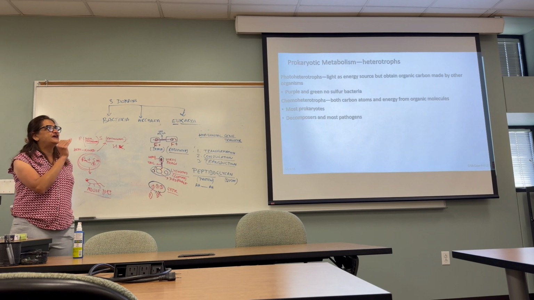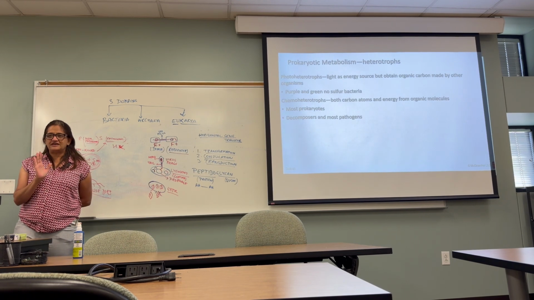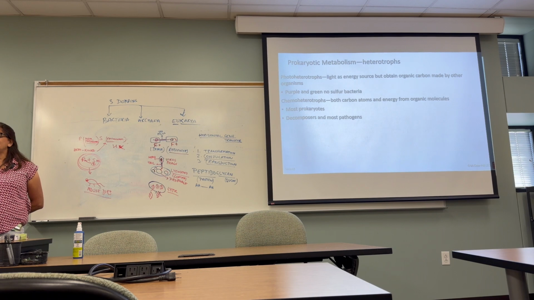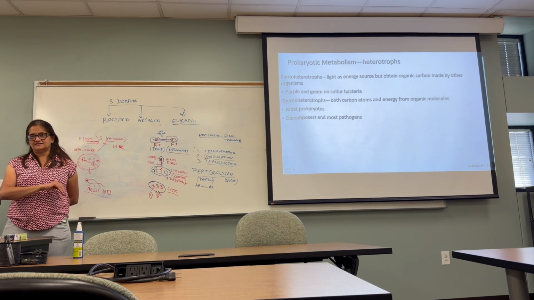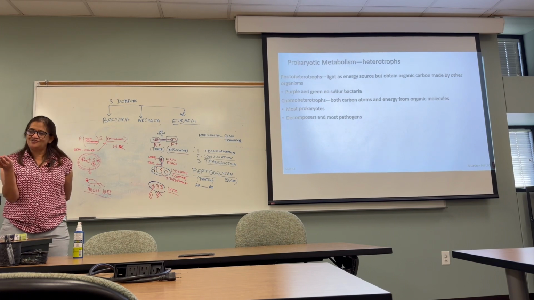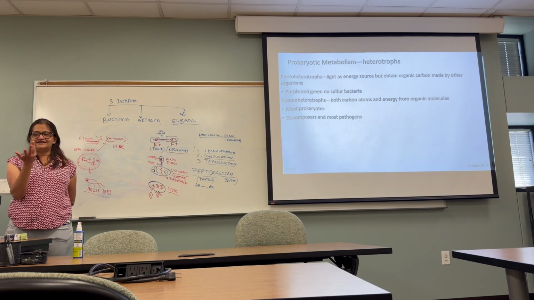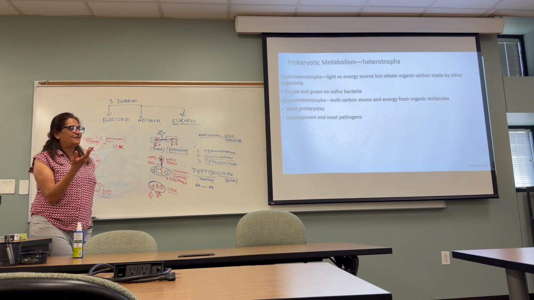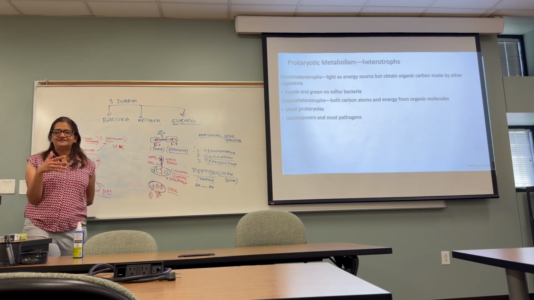This means they are going to use sunlight, but they cannot make their own food, they don't have the capabilities, so they are not going to undergo photosynthesis, but they will use light as the source of energy, but will obtain their organic carbon made by other organisms, meaning the ones made by cyanobacteria, but they can use it, right? Just like we eat, like the other day I explained to you, how do we survive? By eating the food that was made by the photosynthesizers, right?